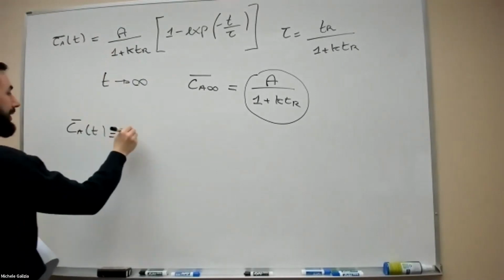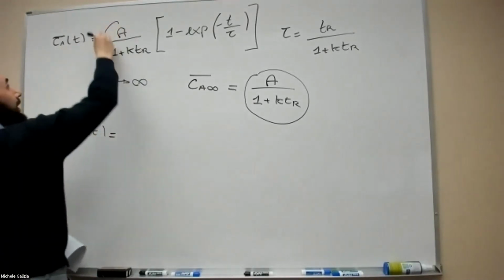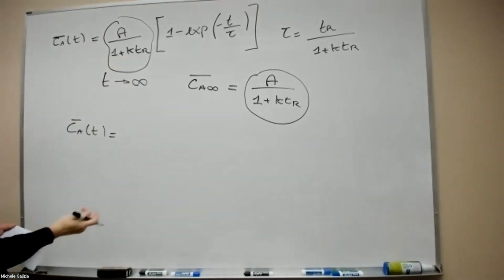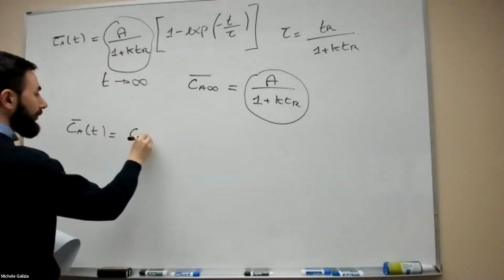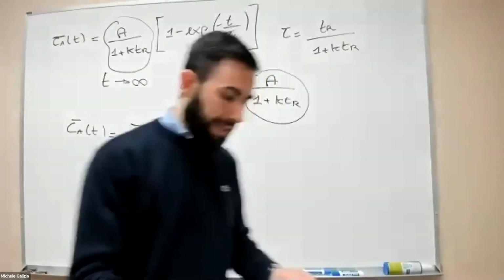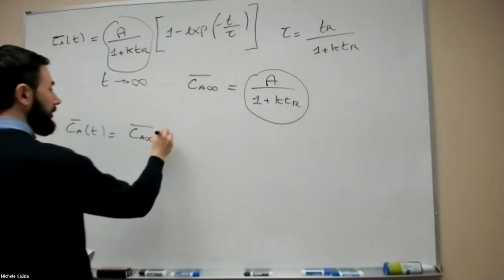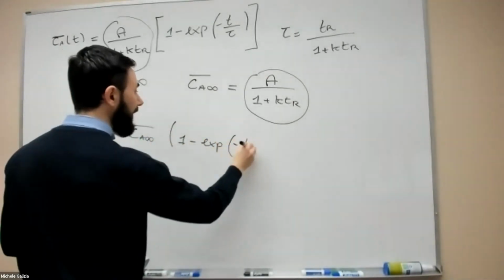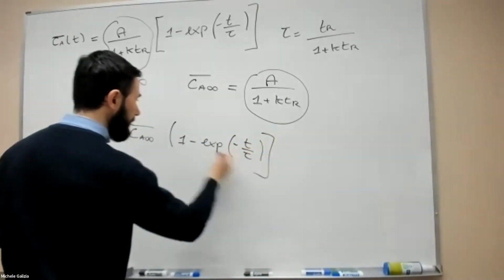So CA as a function of time is CA infinity, which is 1 and is a number you have in the table, times 1 minus the exponential of minus t over tau.